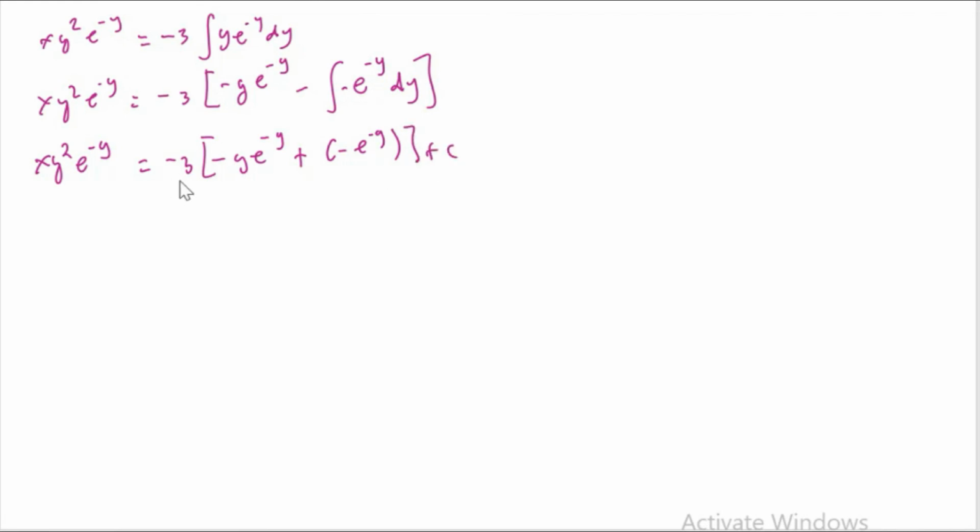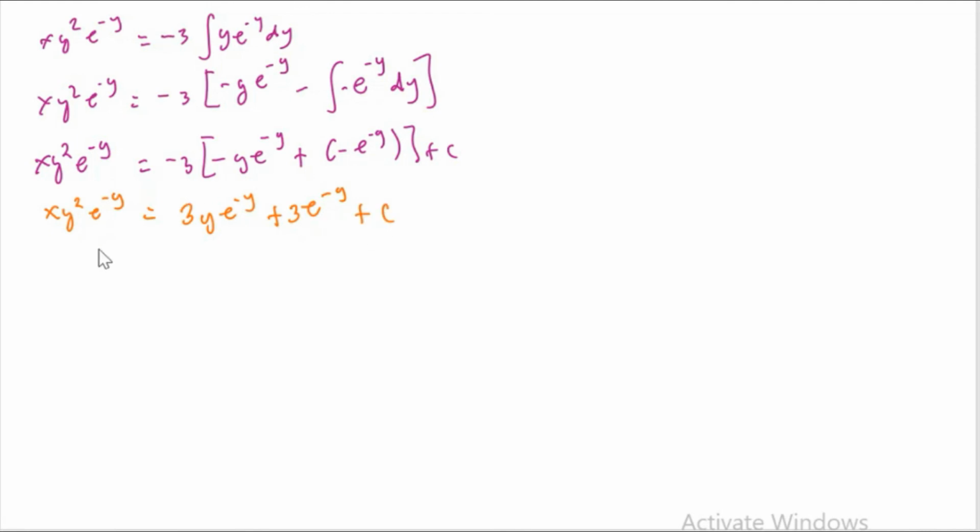Now, using the distributive property and multiplying by negative 3, we can write x y squared e raised to negative y. Negative 3 times negative y e raised to negative y is 3y e raised to negative y. Positive times negative is negative, times the outside negative 3, so we have positive 3 e raised to negative y plus a constant.